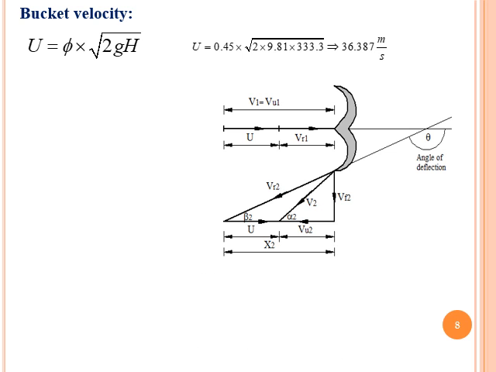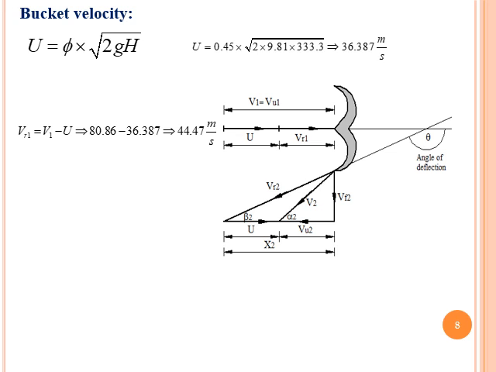So after substitution, the speed ratio is given as 0.45 and net head available for the turbine is 333.3. With that, the bucket velocity is 36.387 meter per second.